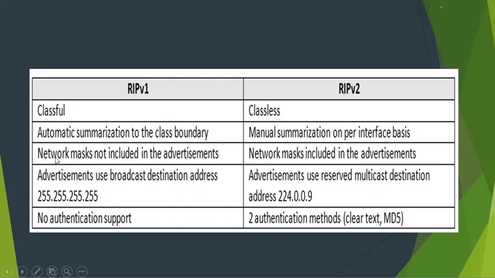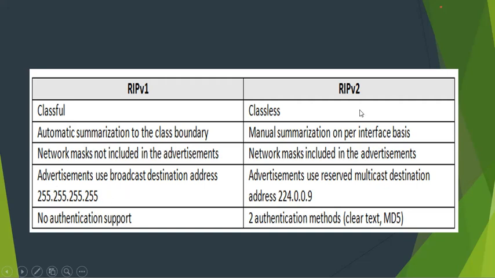The next point talks about the network mask, which is not included in advertisement, but in case of version 2, you have the ability to include the network mask in advertisement. Advertisements use a broadcast destination address, which is 255.255.255.255.